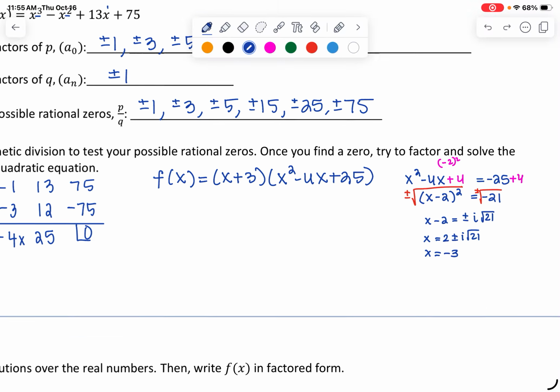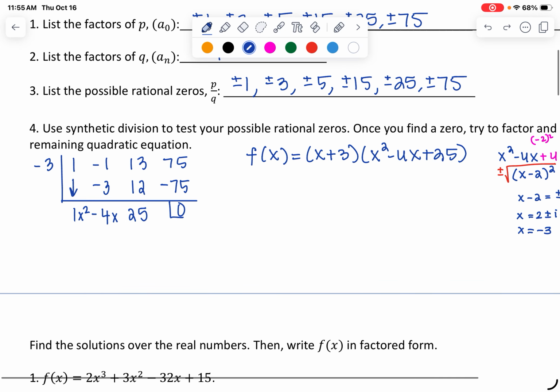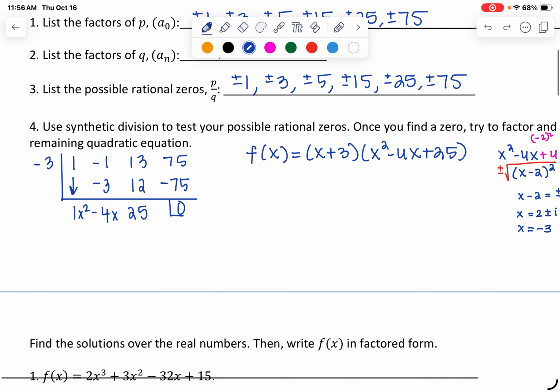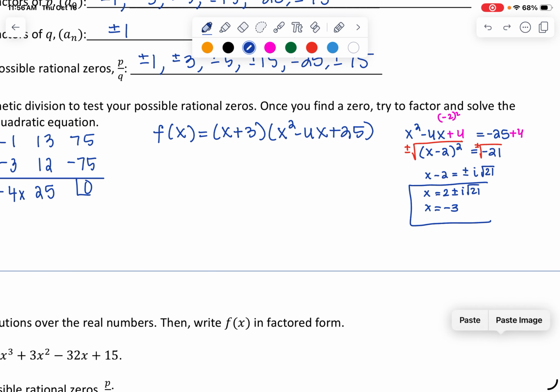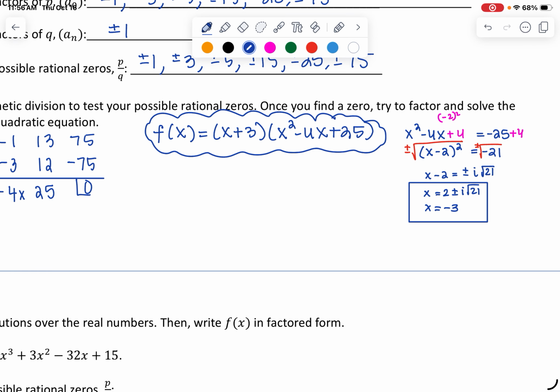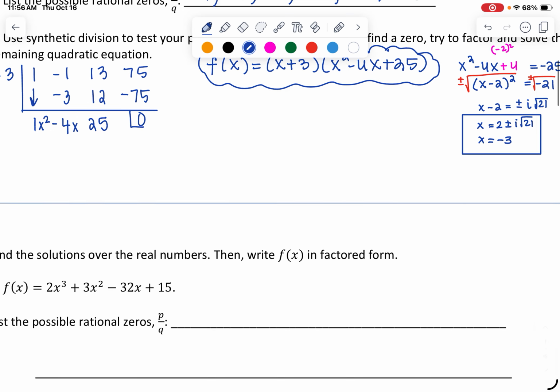Once you find a 0, try to factor and solve the remaining quadratic equations. Oh, that's all it says. It says solve. It doesn't say real zeros, or it doesn't give me directions, right? So I have 3 solutions, and there they are. Okay? All right. And this is my factored form because it does ask me for my factored form too. It's as completely factored as it's going to get.